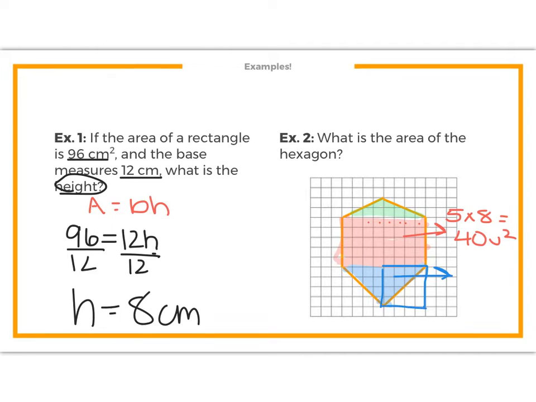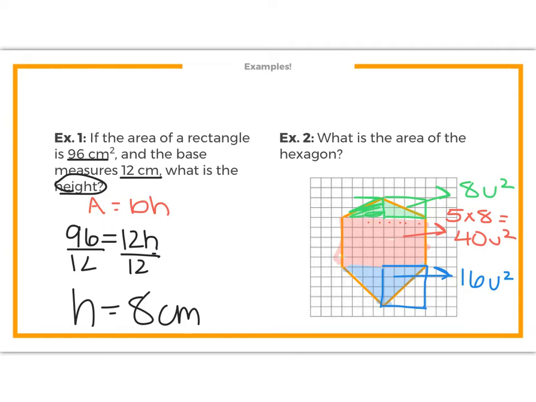And this is 4 by 4, so 16 units squared. Same thing with this green triangle. If I take this piece and kind of imagine flipping it over and sticking it into this triangle, I get a 2 by 4 rectangle. So I have 8 units squared.